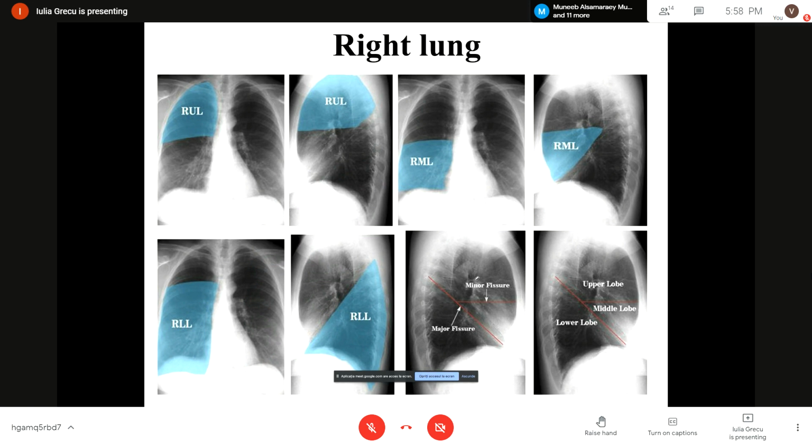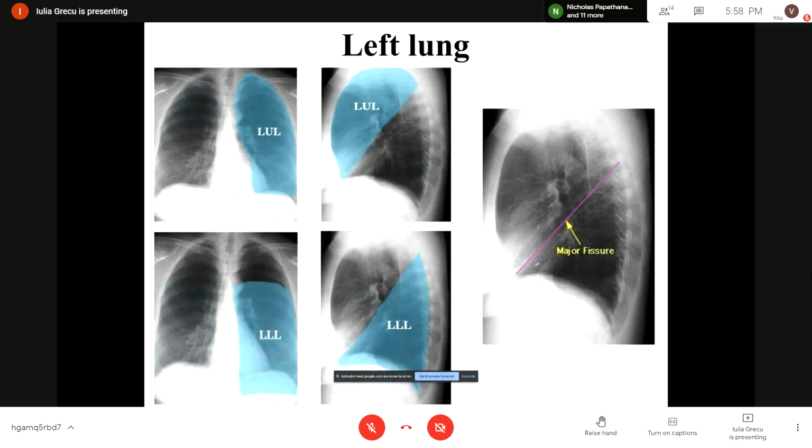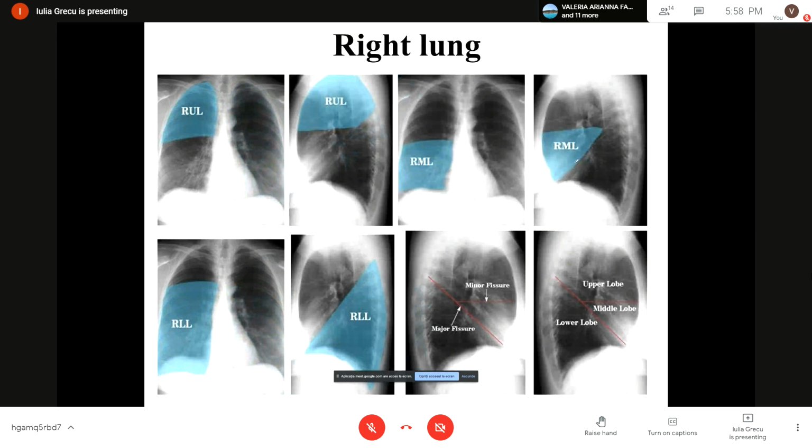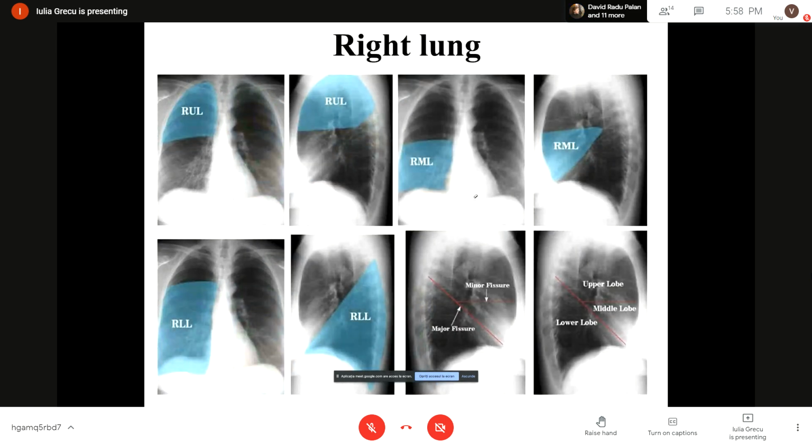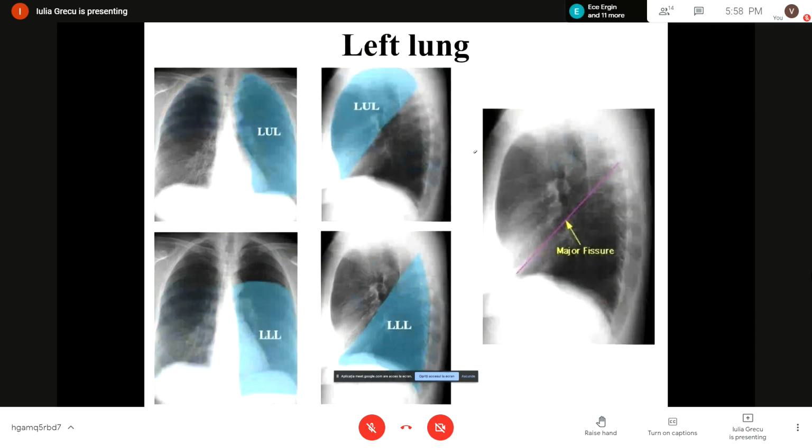In the left lung, we only have a major fissure, the major fissure or the oblique fissure, which separates the inferior lobe from the superior lobe. The left lung only has two lobes, because the middle lobe here is covered and pushed by the heart, and it is incorporated in the superior lobe under the lingular segments.